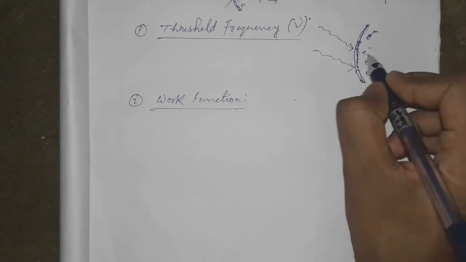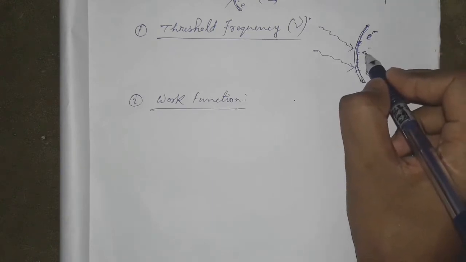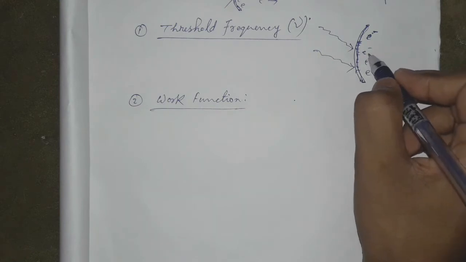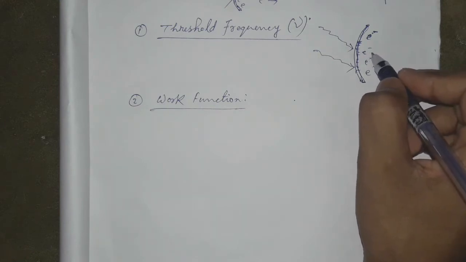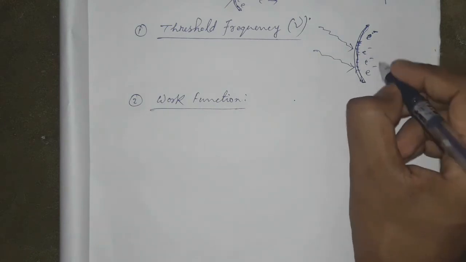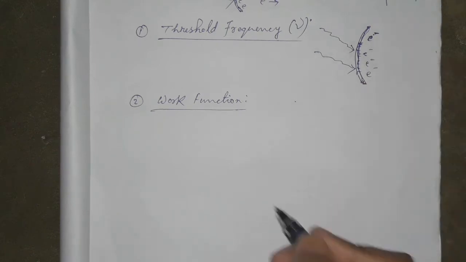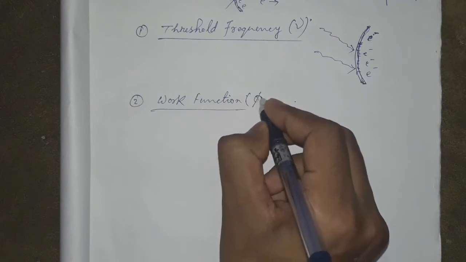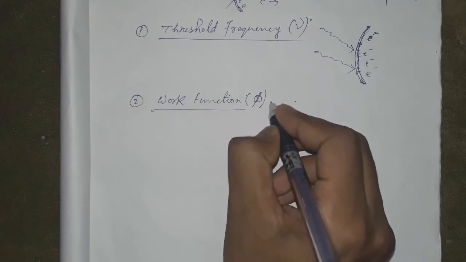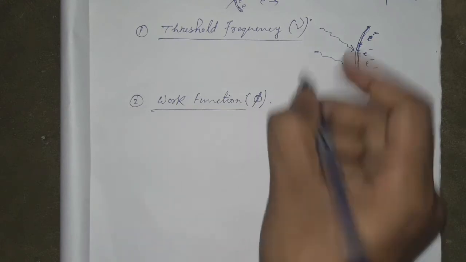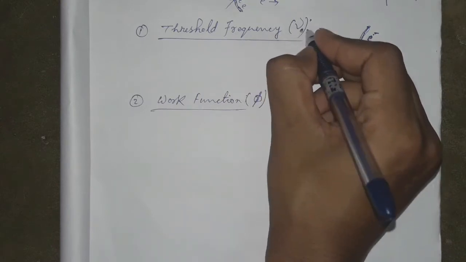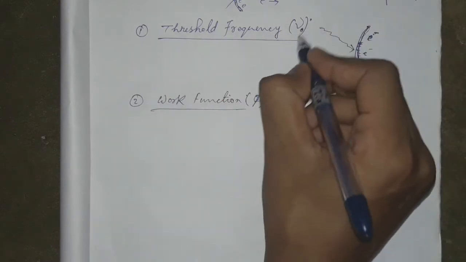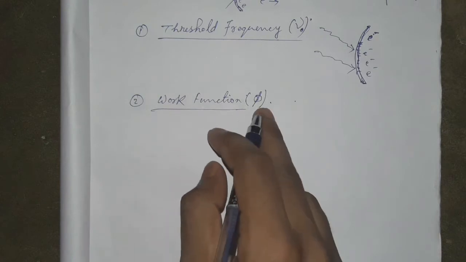The amount of energy required to remove one electron from the metallic surface is called the work function. This is denoted by phi. Threshold frequency is denoted by nu naught and work function is denoted by phi.